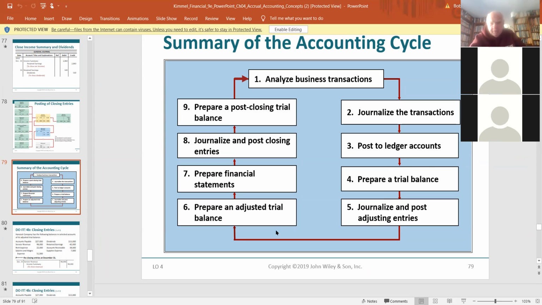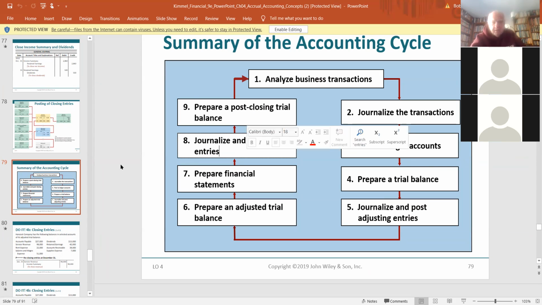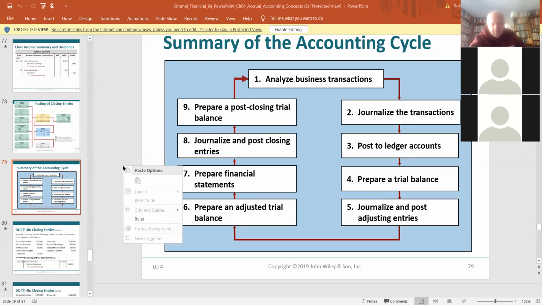And then you prepare an adjusted trial balance, prepare the financial statements, journalize and post those closing entries, and prepare your post-closing trial balance. The post-closing trial balance, by definition, will only have the permanent accounts. There will be no revenues and expenses there.